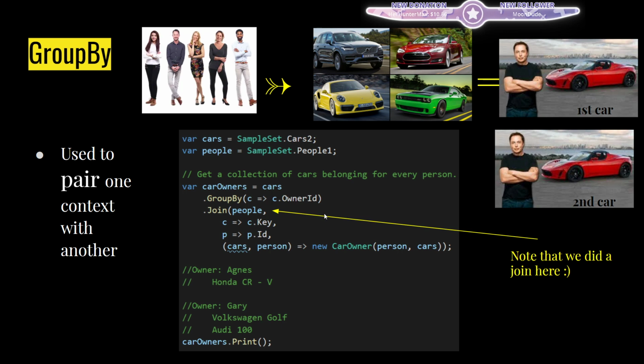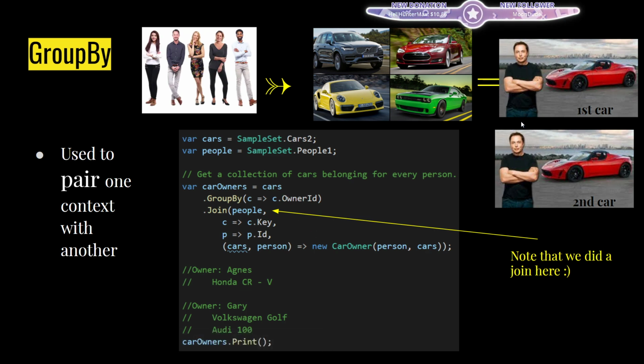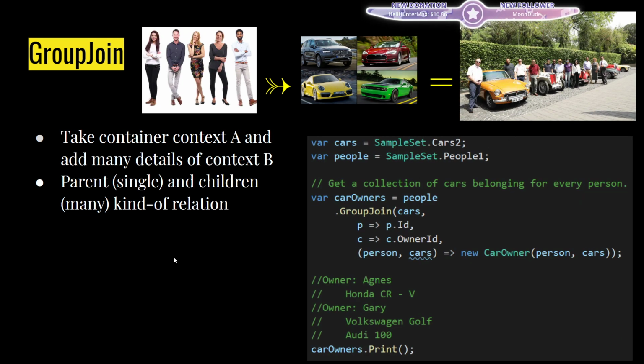So yeah. Okay. And here in the picture, you see basically the result would be that we have a flat list of cars, but since I did a join afterwards, I stitch extra things. So in the end, we have a person with multiple cars and many people with their multiple cars. However, that's not very practical, and normally we want to have a proper list of people right away.